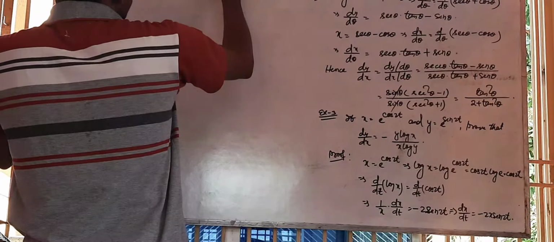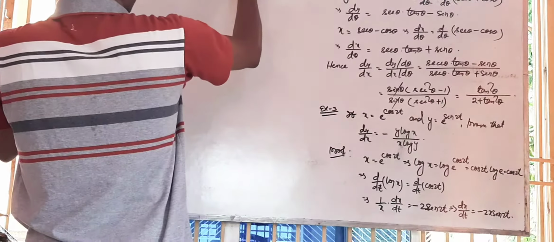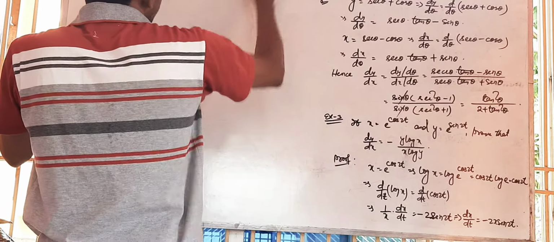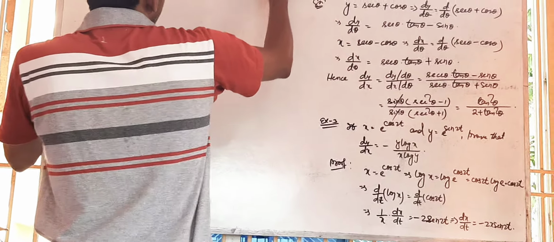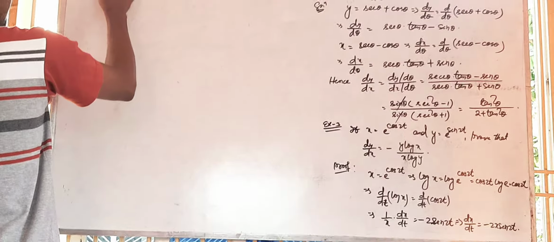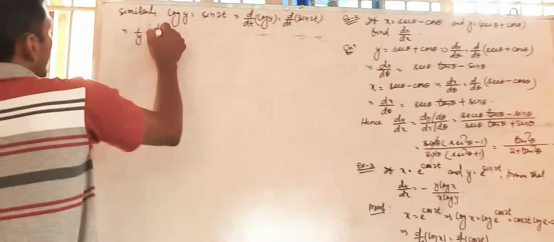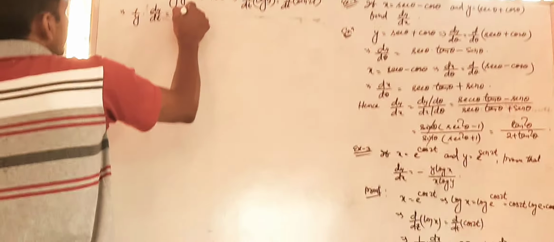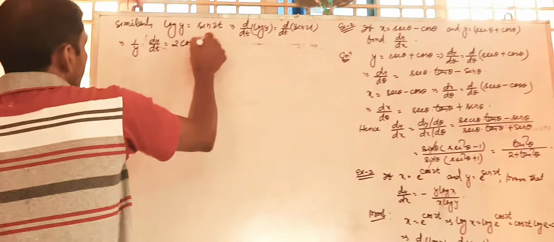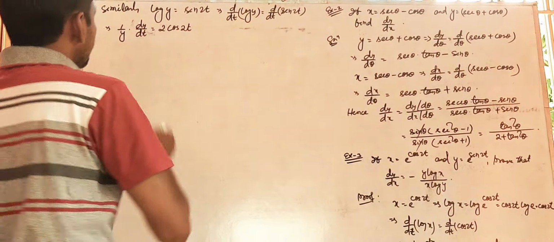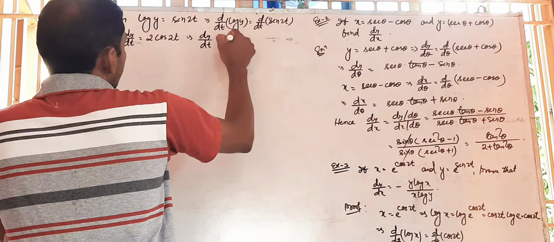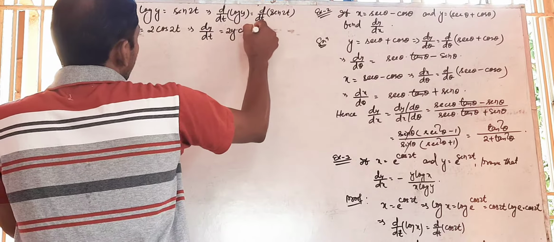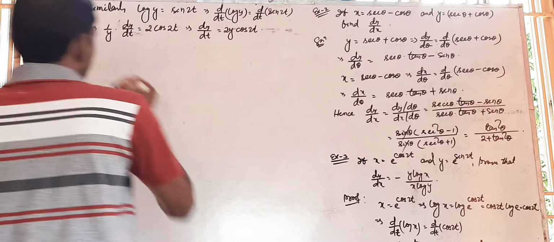So again differentiating both sides with respect to t, what we will get? 1 by y into dy by dt, and this side it will be 2 cos 2t, which implies dy by dt equal to 2y cos 2t.